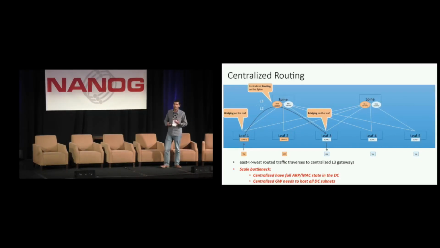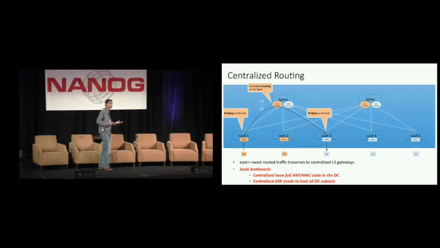So the centralized gateway can do integrated routing and bridging and route inter-subnet traffic. This implies that the centralized gateway has to maintain ARP state or ND state for all the hosts across all the VLANs or subnets that it is a first hop gateway for.